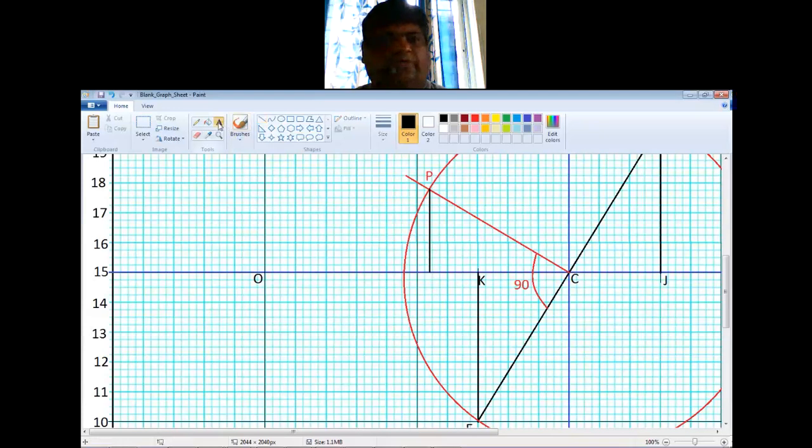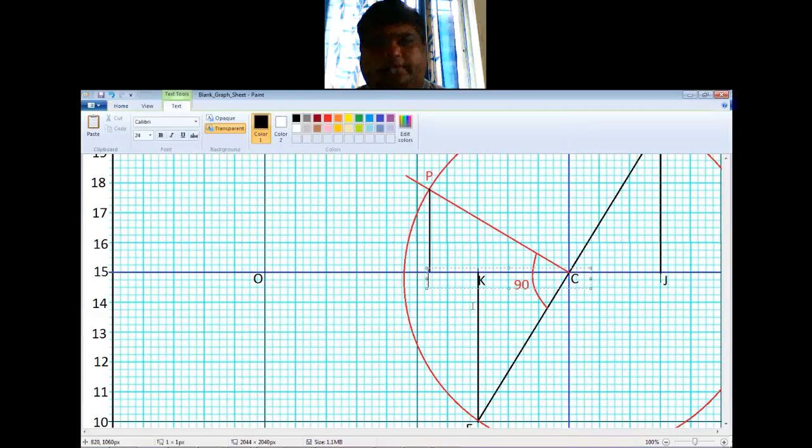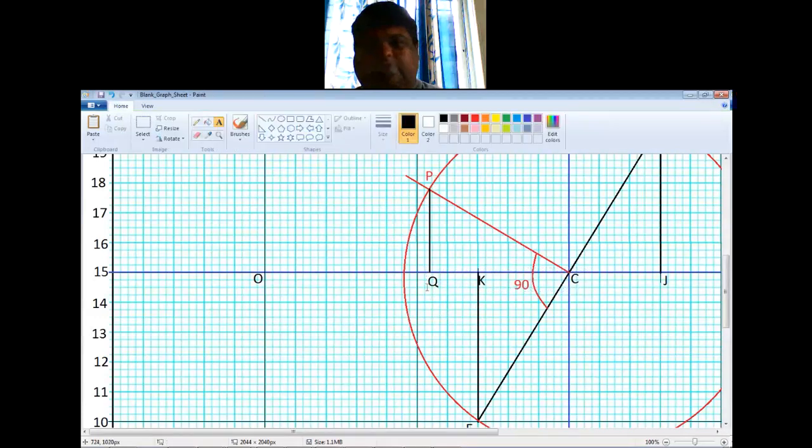So this point will be Q. This is Q and this is perpendicular. So let me just show that. So that is perpendicular there.